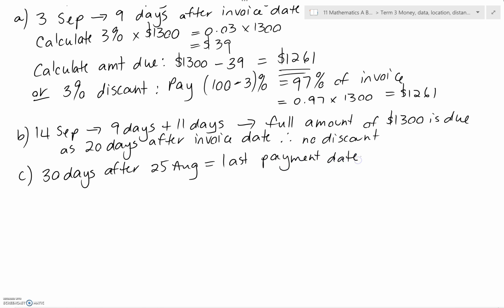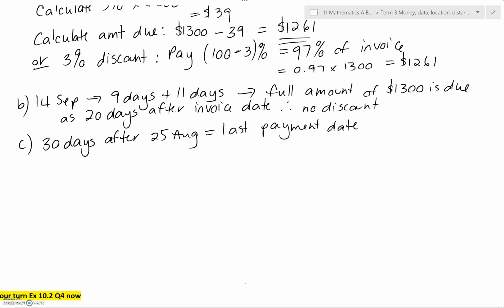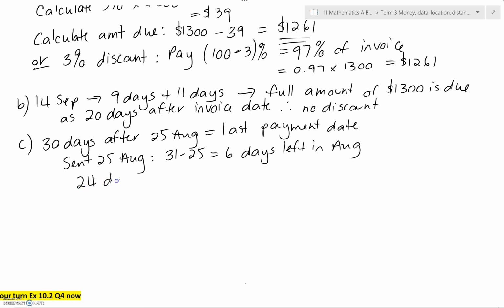If you're not sure how to work that out, one way you could possibly work it out is if it was sent on the 25th of August, then work out how many days till the end of that month. 31 days in August, 25 away, so there's 6 days left in August, which means that we want 24 days in September because 6 plus 24 equals 30. So the invoice will be due for payment no matter what by the 24th of September.